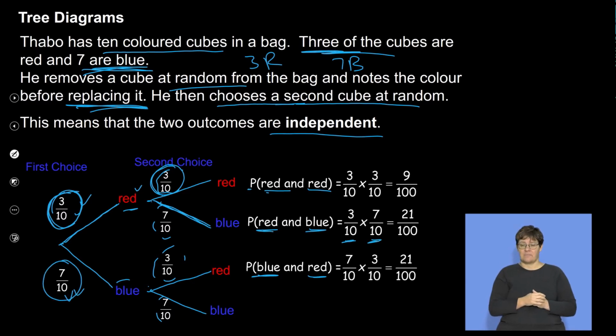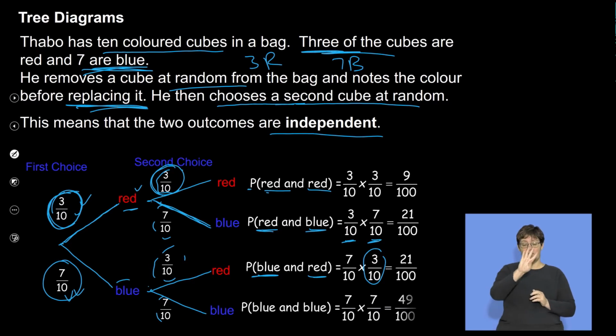Of getting red, 3 out of 10. We get 21 over 100, which is 21%. The chance of getting blue, blue is 7 out of 10 multiplied by 7 over 10, which is 49 over 100, just 49%.